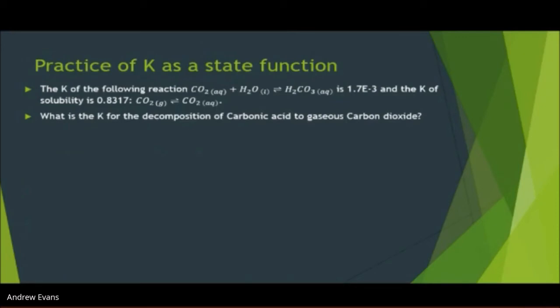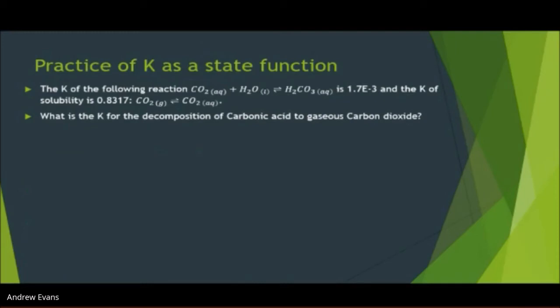They're saying the K of the solubility of the gas is 0.8317. So CO2 gas goes to CO2 aqueous. If that's that K, what is the decomposition of carbonic acid to gaseous carbon dioxide?